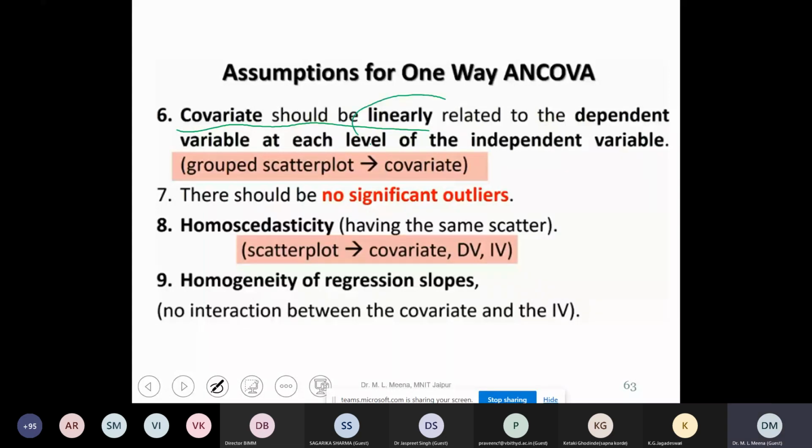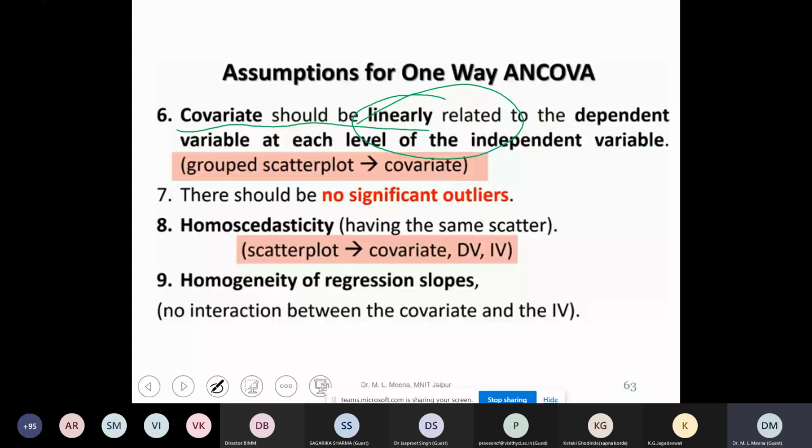ANOVA entails only categorical independent variables, which means factors. Against it, ANCOVA encompasses categorical and metric independent variables. A covariate is not taken into account in ANOVA, but in ANCOVA the covariate is considered. ANOVA attributes between group variation exclusively to treatment.